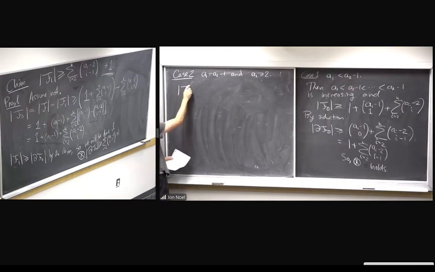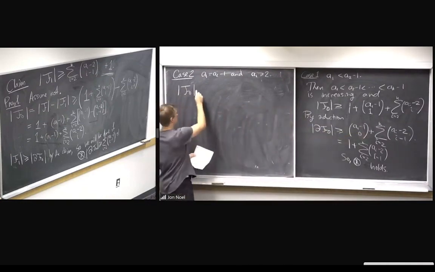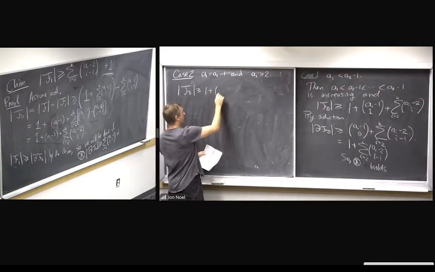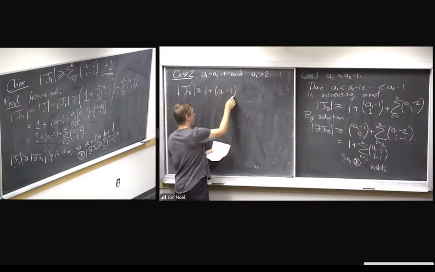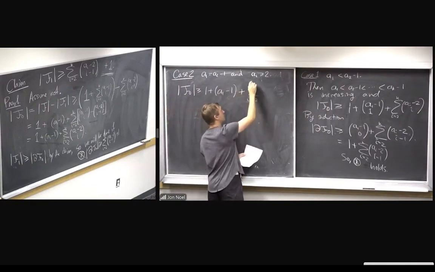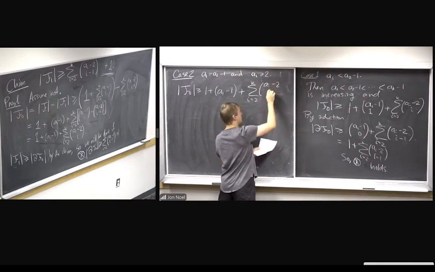In this case, again, use the bound I proved on F naught. So it's at least 1 plus A1 minus 1 plus the sum i equals 2 to k of Ai minus 2 choose i.